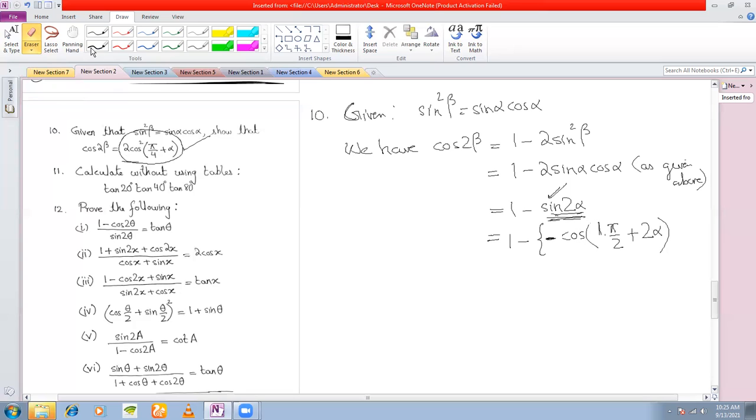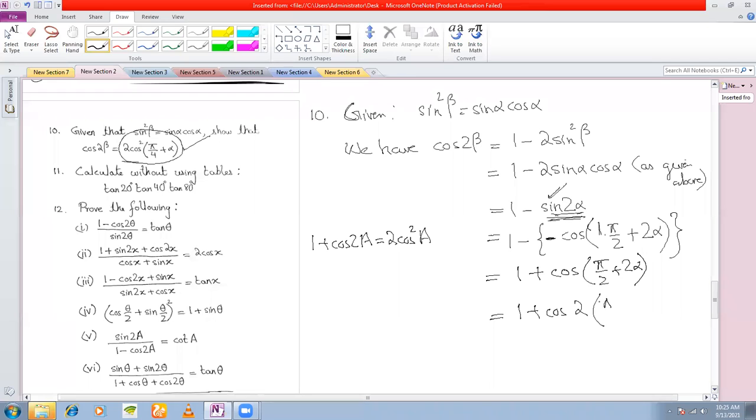Yes, sir. So this is the main step here. Once you get this step, now everything is easy. So this becomes 1 plus cos of pi by 2 plus 2 alpha. And from multiple angle formula, if you remember, 1 plus cos 2a, what is the formula for 1 plus cos 2a? 2 cos square a, right? This can be written as 1 plus cos twice of pi by 4 plus alpha, right?